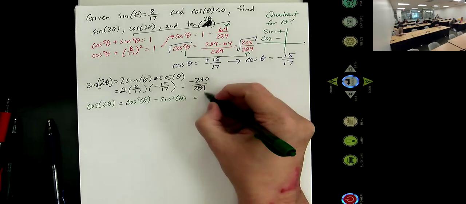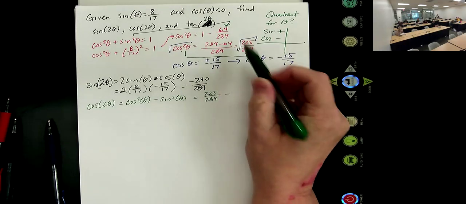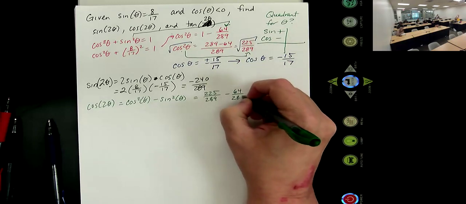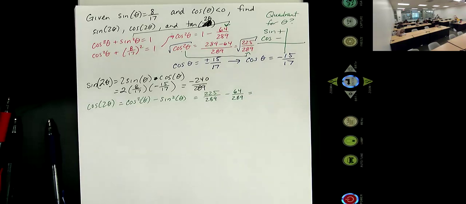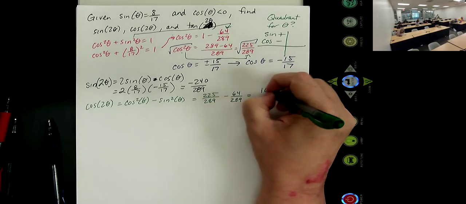Cosine squared was 225/289 and sine squared was 64/289. And let's see, if I subtract that, if I subtracted 50, I'd be at 175, then another 14 gets me down to 161.